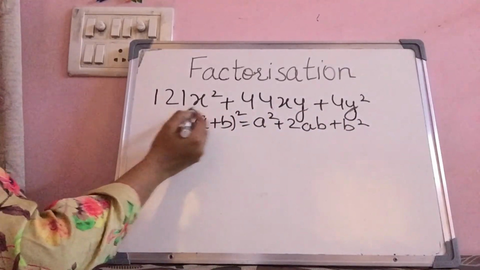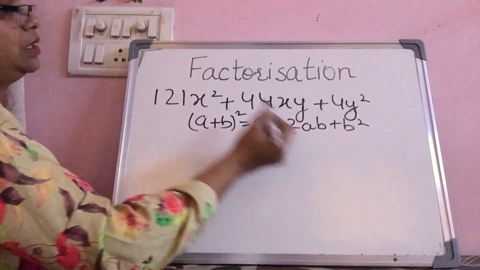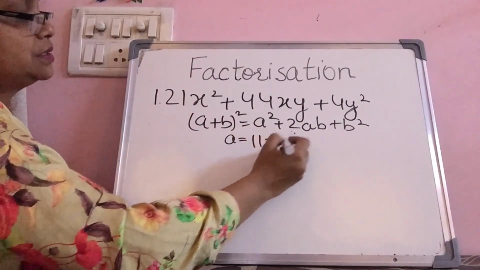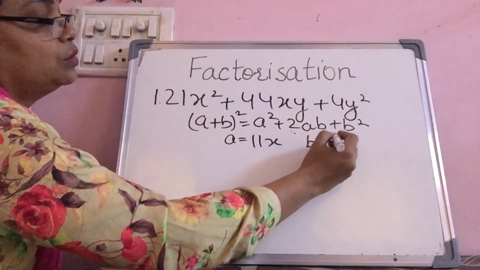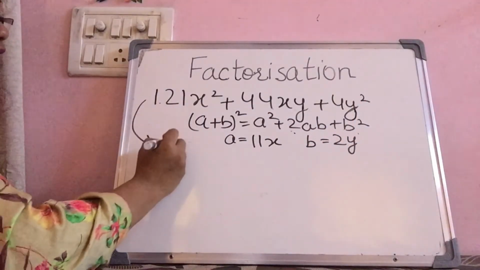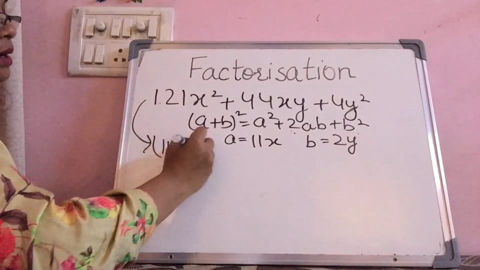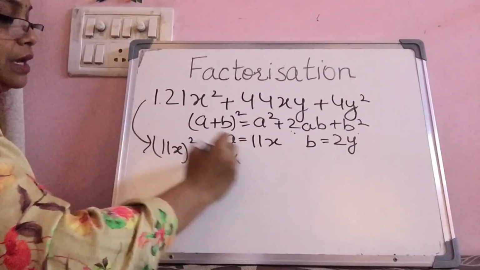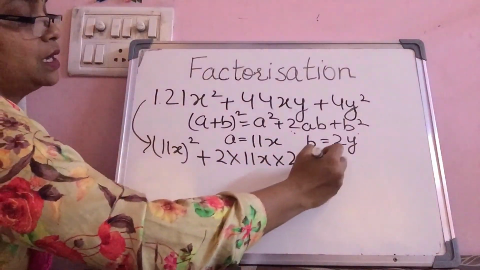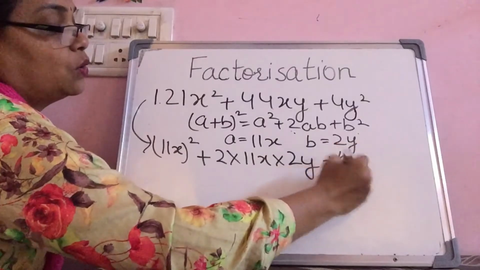On comparing right hand side of the identity with the question, we find that a is equal to 11x and b is equal to 2y. How? We can write it as 11x whole square plus 2 into a, that is 11x, into y, that is 2y, plus 2y whole square.